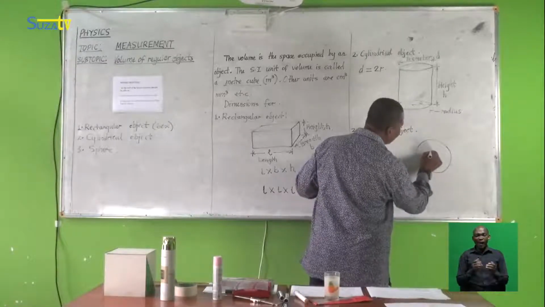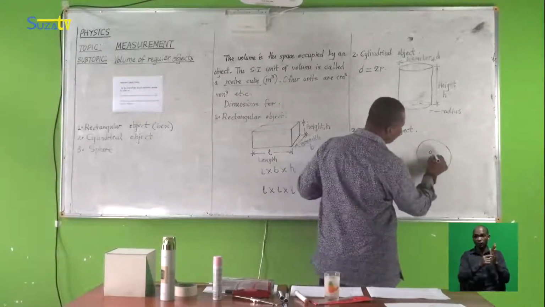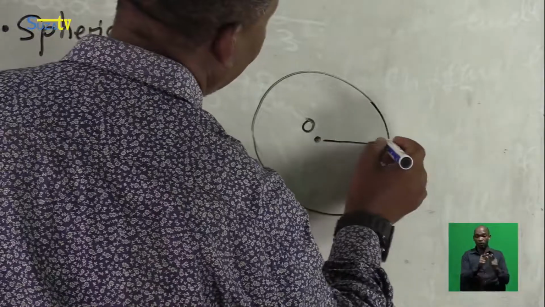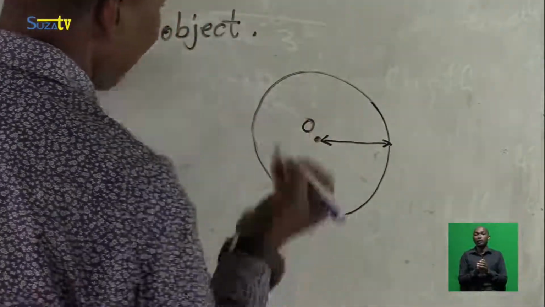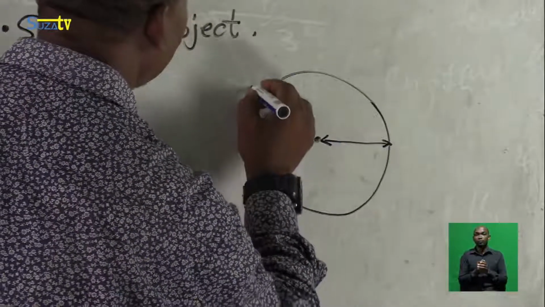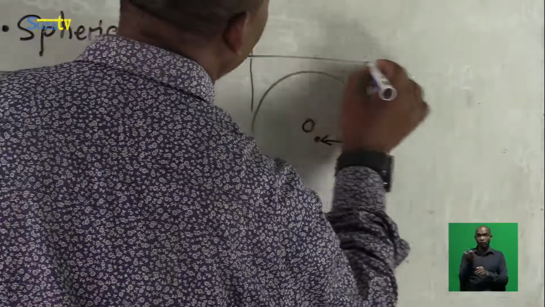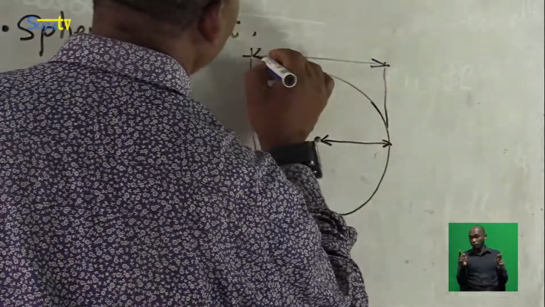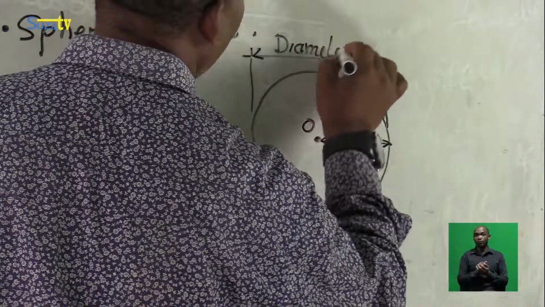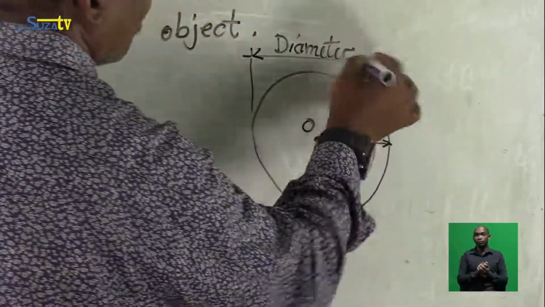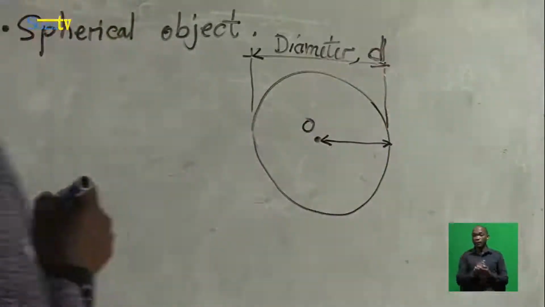We have the center of the sphere, which is O. Then from here to here, with a certain dimension, but according to our measurement, we took this dimension we called diameter, which is denoted by small d.